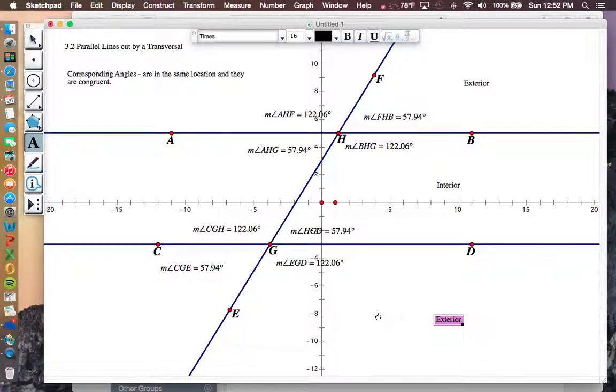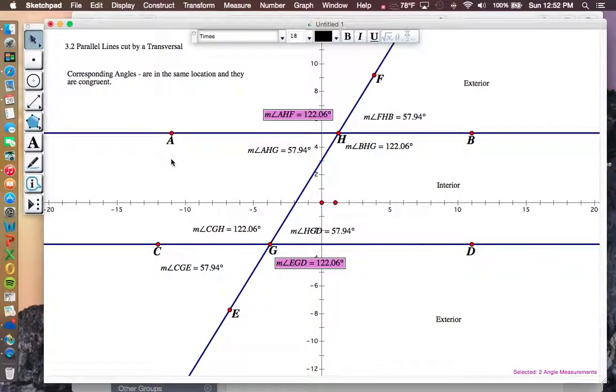All right. Now, one thing we need to notice here is that I've got this angle and this angle, AHF and the measure of angle EGD. Those angles are both on the exterior and they alternate over the transversal.